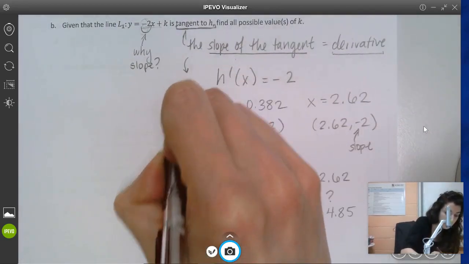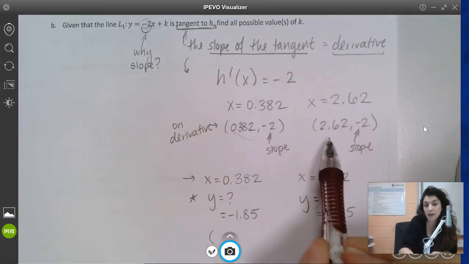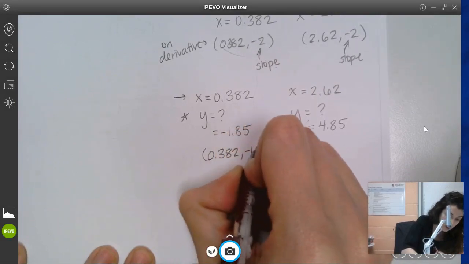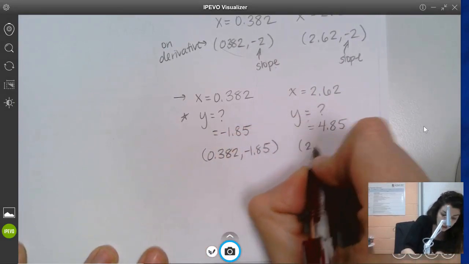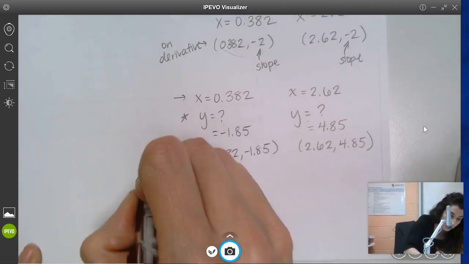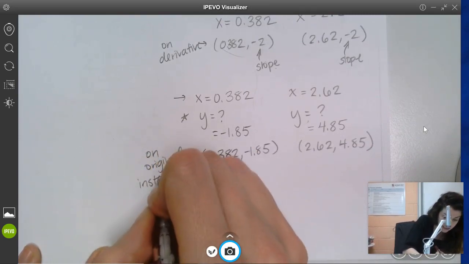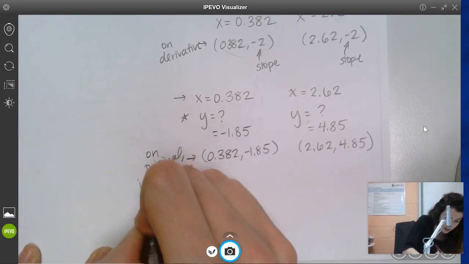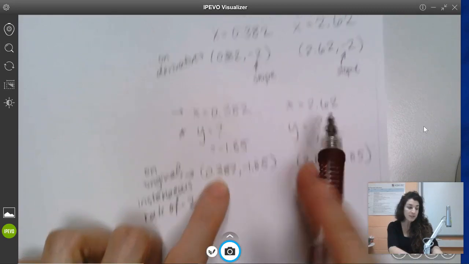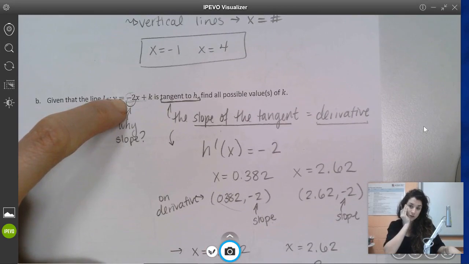So this is on the derivative, right? This is slope calculations. The points 0.382, -1.85, and 2.62, 4.85 are on the original and have an instantaneous rate of -2, which means at these points we would have a tangent line with a slope of -2.